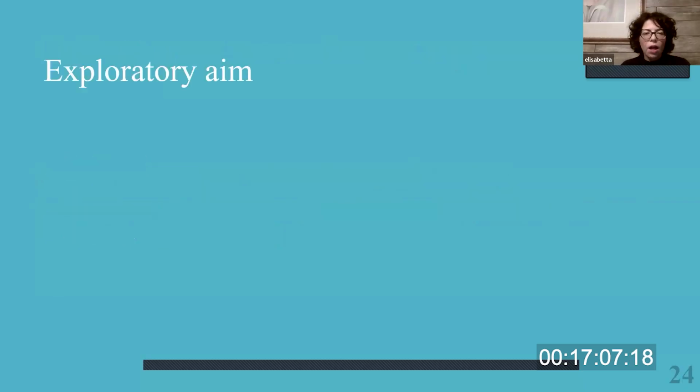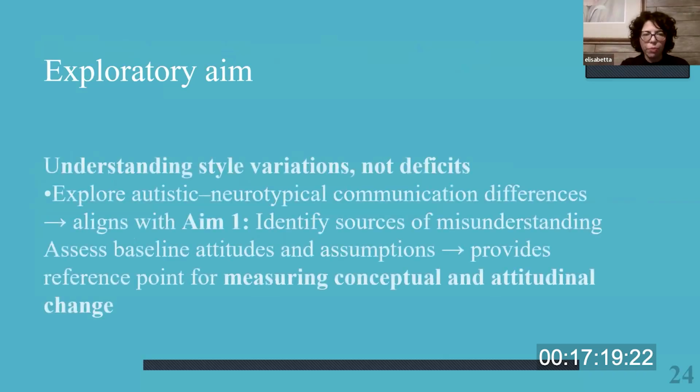So, regarding the method of my research project, I want to start with the exploratory aim. I want to explain how I intend to accomplish this aim through this method. First of all, we need to understand style variation, not deficits. This means that we have to understand these differences as differences in style.